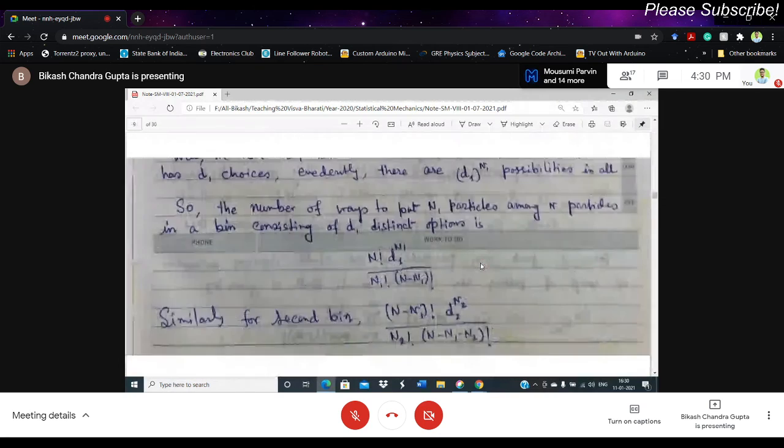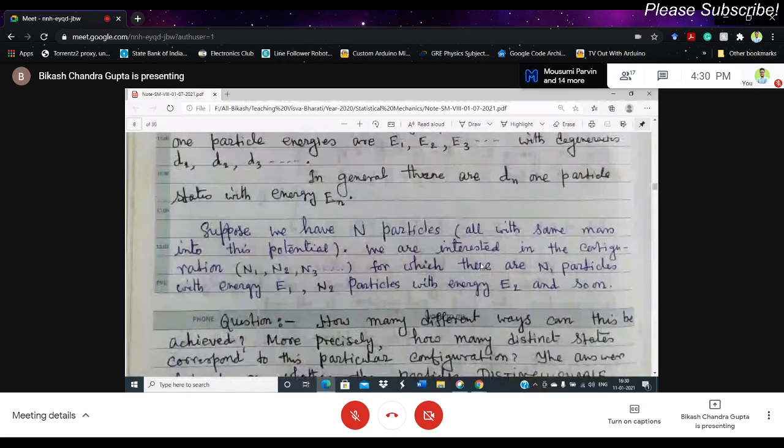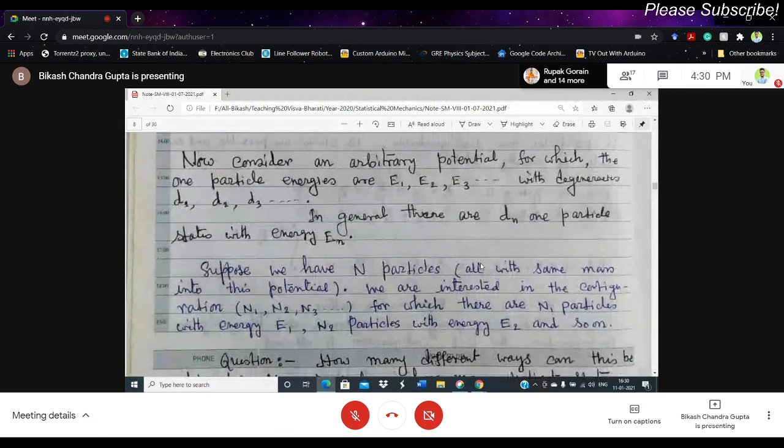Acha. So before you go home, I will just recapitulate once. Look, basically you have a number of particles and you have states. Particles could be distinguishable or indistinguishable. Indistinguishable could be fermions or bosons. Then we want to put some particles in, assuming the states have some degeneracy, say D1, D2, D3, and so on.